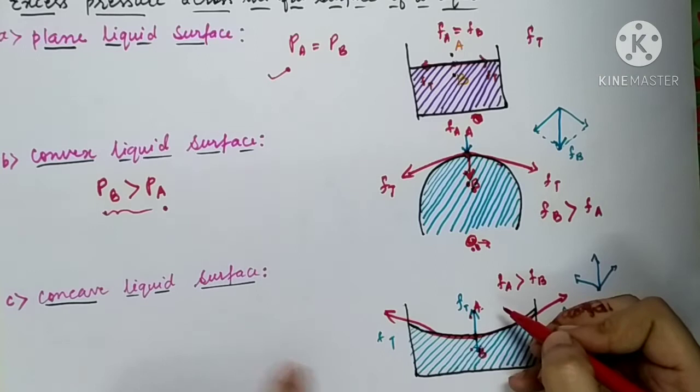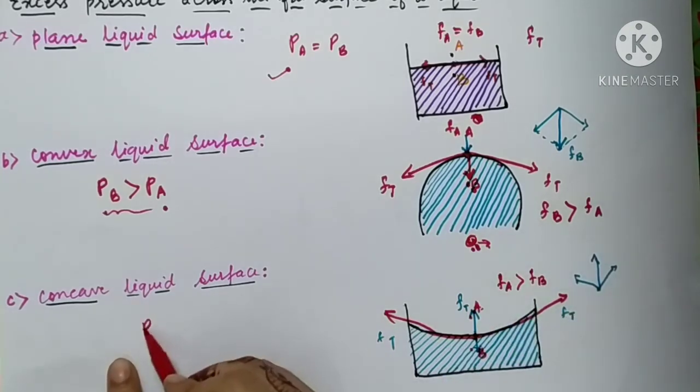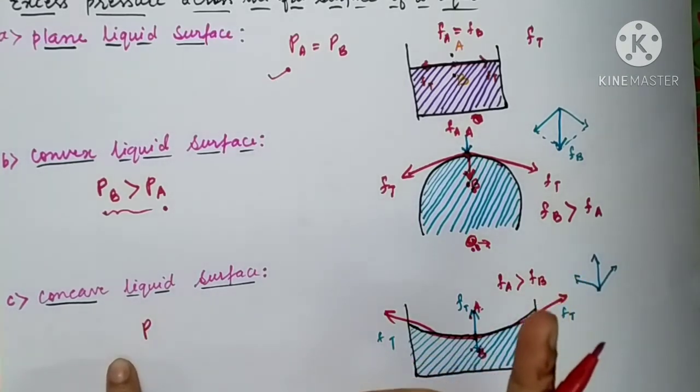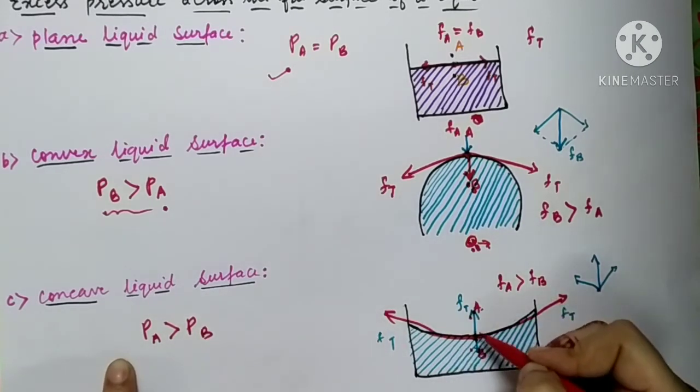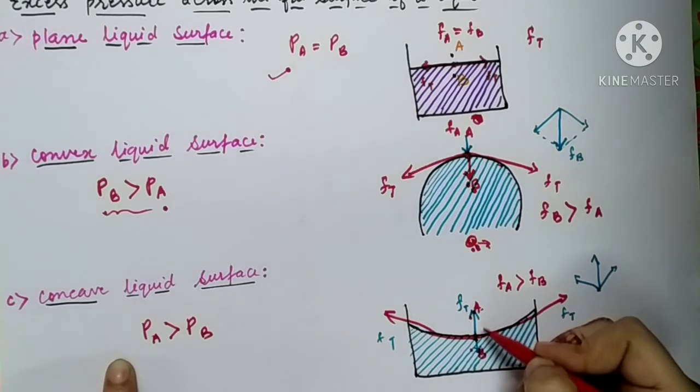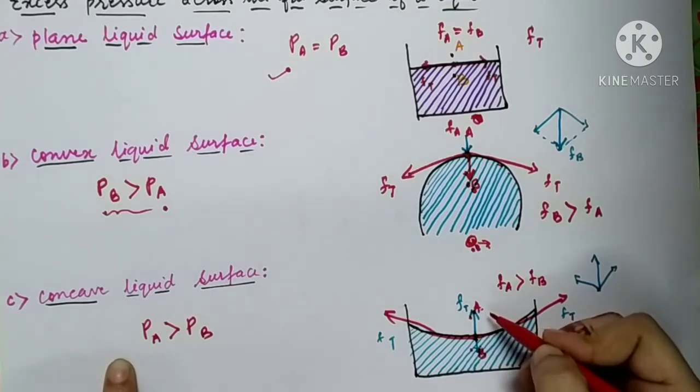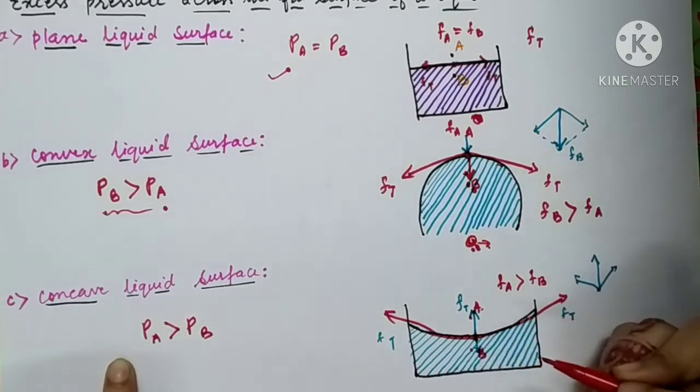I told you that force and pressure are almost equal. So pressure at point A will be greater than pressure at point B. Or in general, we can say that pressure above the concave surface is greater than the pressure below it.